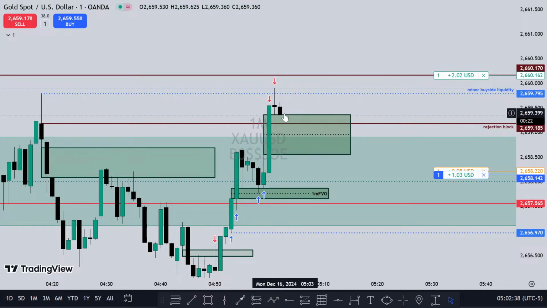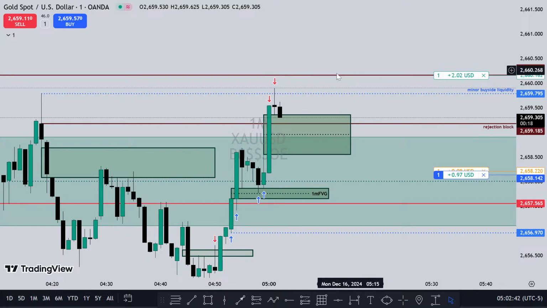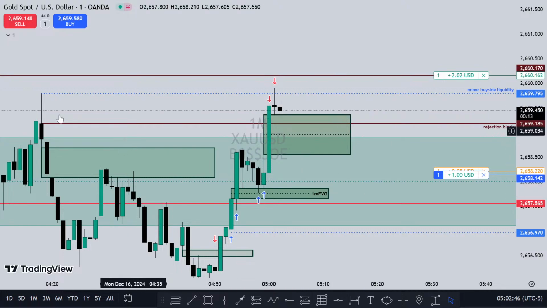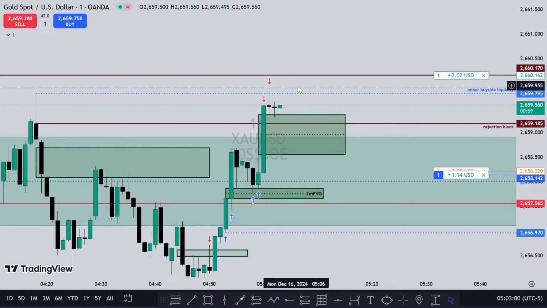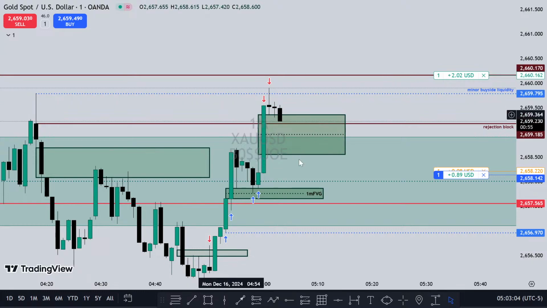So can you use that to support price to clear this buy side, or will it just come all the way and stop me out? Why will it stop me out? Remember, it has cleared the minor buy side, but now it has tapped into that fair value gap. If it's okay, I want to see it use that to support price and clear this buy side.